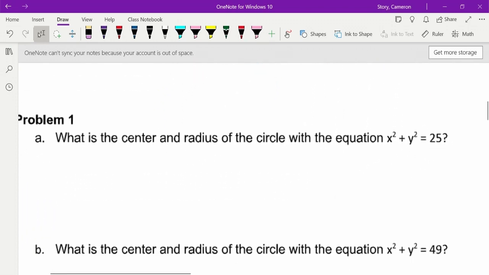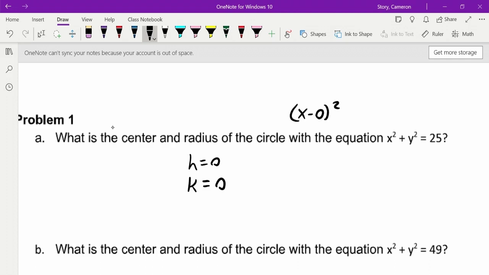Okay, what is the center and the radius of the circle with the equation x squared plus y squared equals 25? Well, we can tell that there's no h and no k, so h must be equal to 0, and k must be equal to 0, because we have x minus 0 squared plus y minus 0 squared equals r squared.